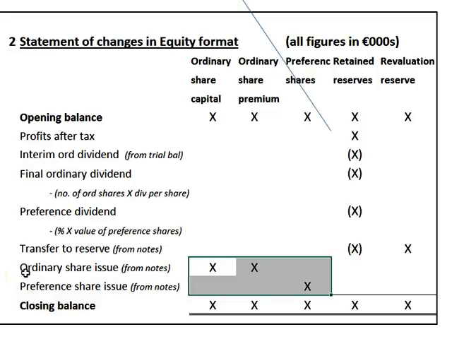If you go on and do financial accounting in subsequent years, you'll meet issues of ordinary shares, maybe issues of preference shares. But for us, we don't need to concern ourselves with that this year. And the closing balances then is just, for ordinary share capital, share premium, preference shares, it's going to be the same as the opening balance because we won't have any ordinary shares issued.